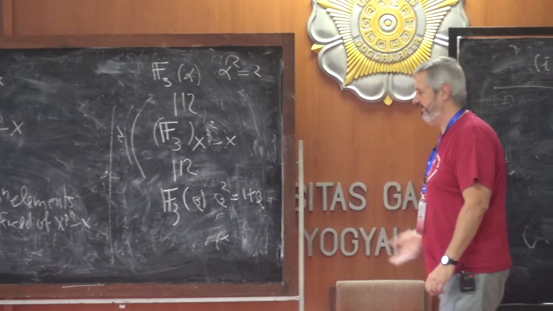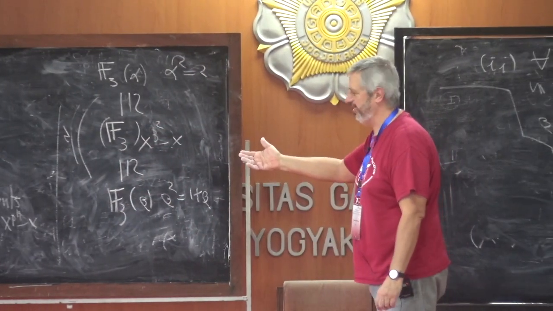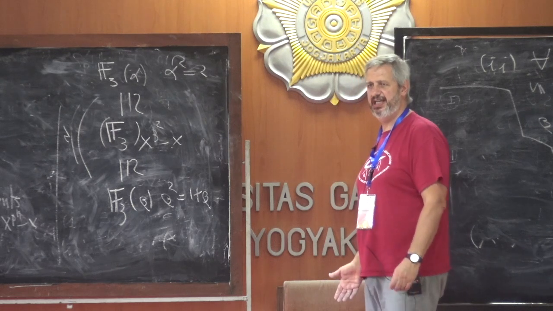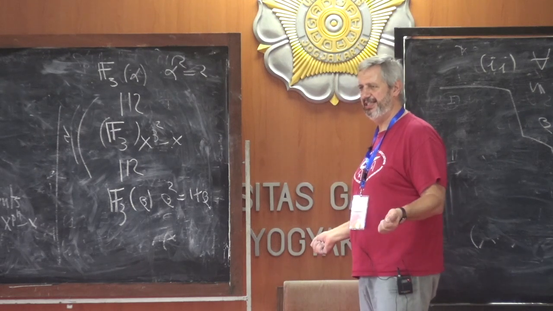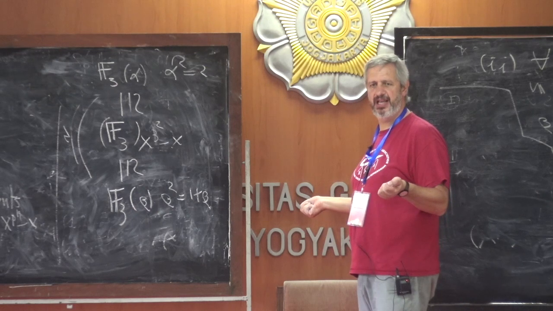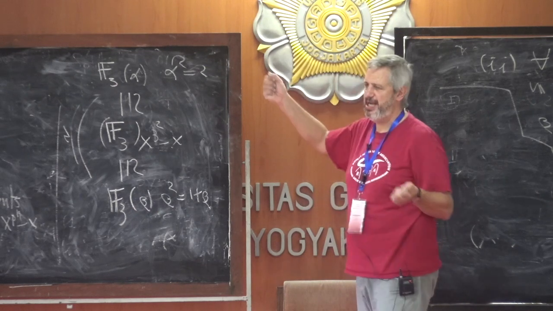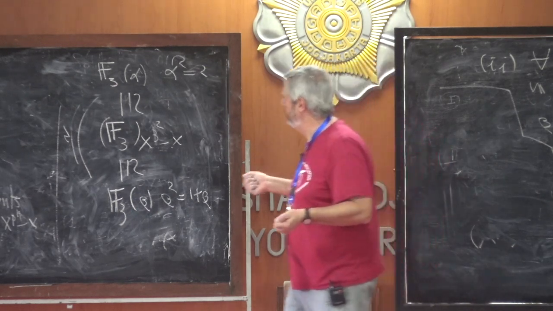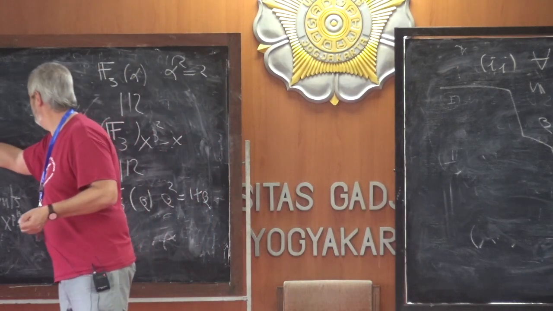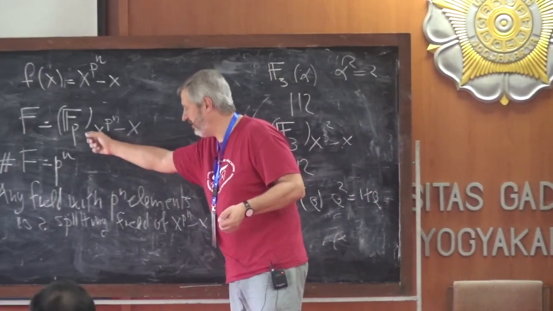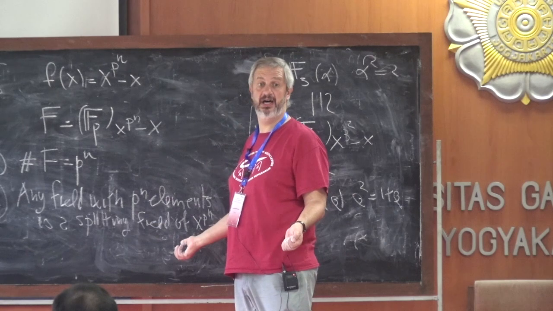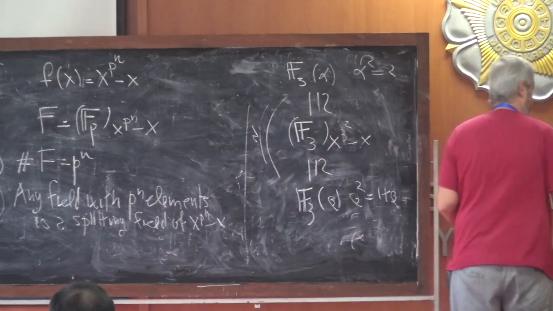Right? So you realize what number 2 is telling us. It's telling us that whenever you take two fields with the same number of elements, both of them are isomorphic to the splitting field of x to the p^n minus x, so they are isomorphic to each other.